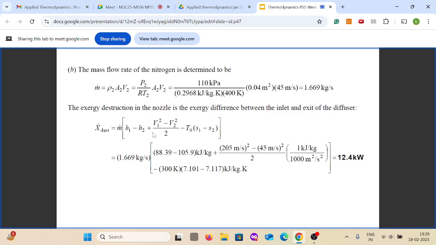So the exergy destruction in the diffuser will be m dot times h1 minus h2 plus v1 square by 2 minus v2 square by 2 minus T0 times s1 minus s2. That is exergy in minus T0 times s1 minus s2. Substituting the values, I get exergy destroyed as 12.4 kilowatt.